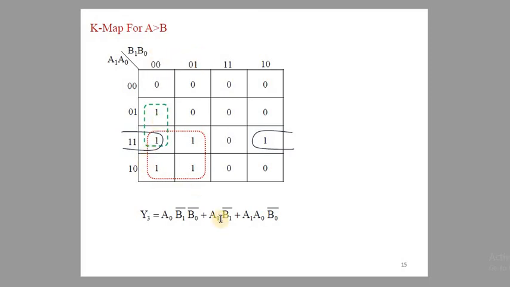Therefore A1 B1 bar, like that. Then for the third group, how is it? Third group, here 1 1. This group is present in that 1 1. Therefore A1 A0, here 0 0 1 0, means B1 changes while B0 remains the same. So the value of this group is A1 A0 B0, like that.